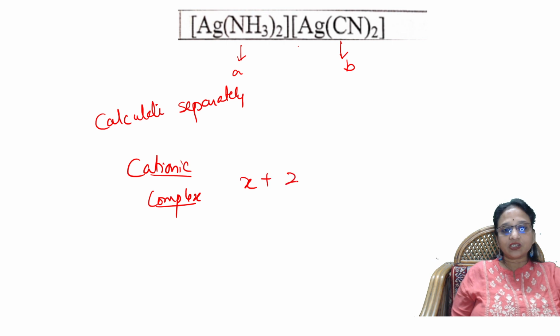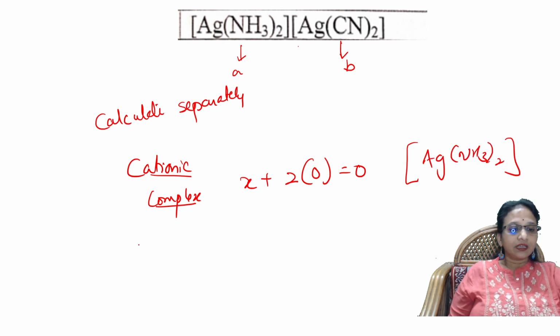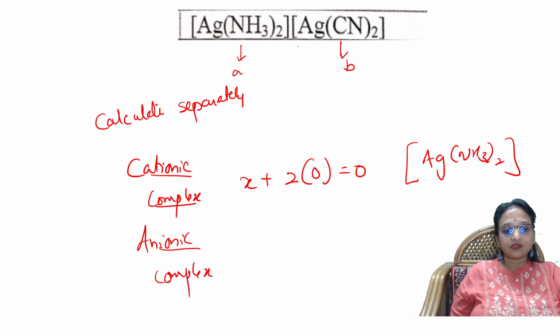X plus neutral ligand is 2 into 0 is equal to 0. This is for which one? Ag(NH3) taken twice. Second comes your anionic complex. Okay, anionic complex, and you want to write it as X plus 2 into -1 is equal to 0.